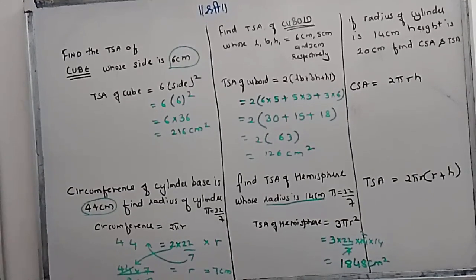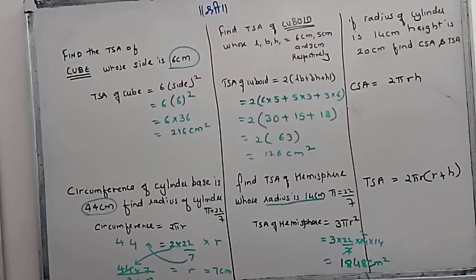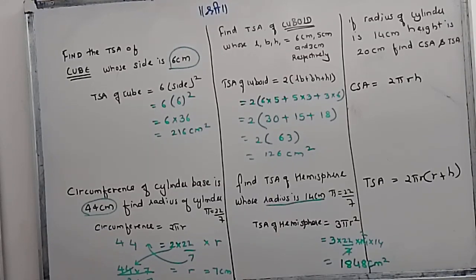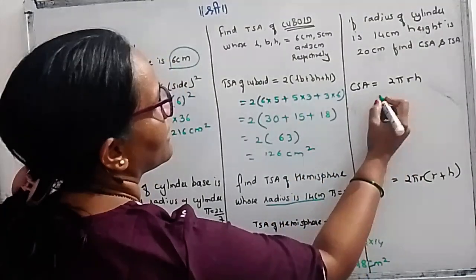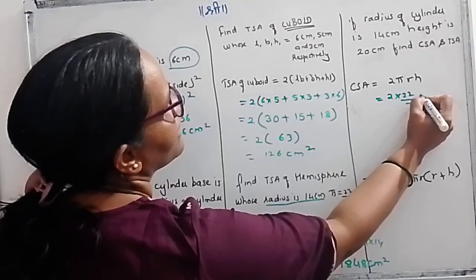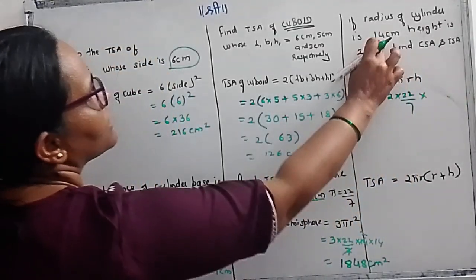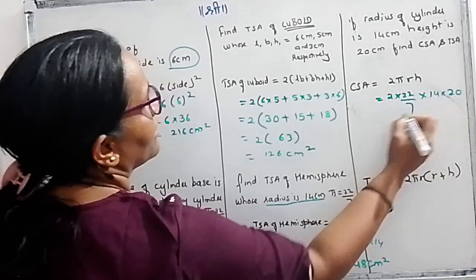If the radius of the cylinder is 14 centimeters, height is 20 centimeters, find the TSA and CSA. CSA is curved surface area, TSA is total surface area. Formula is written, 2 multiplied by 22 upon 7. Pi is always 22 upon 7. R is 14, H is 20.